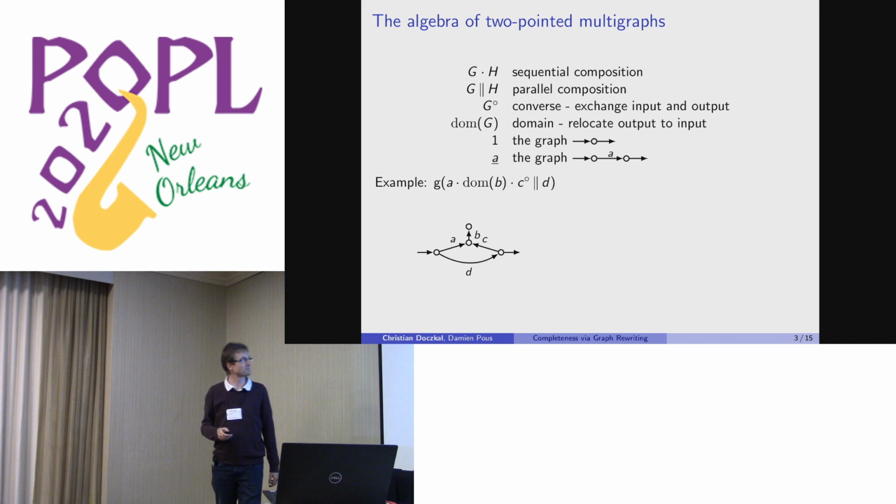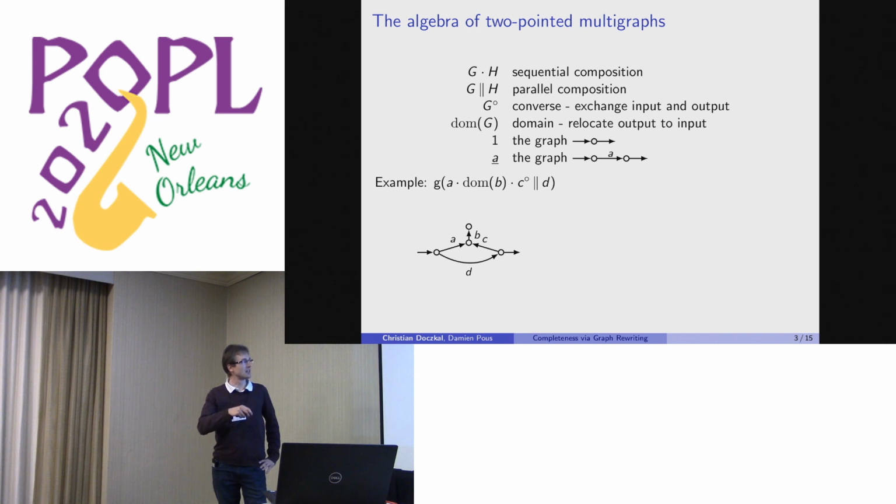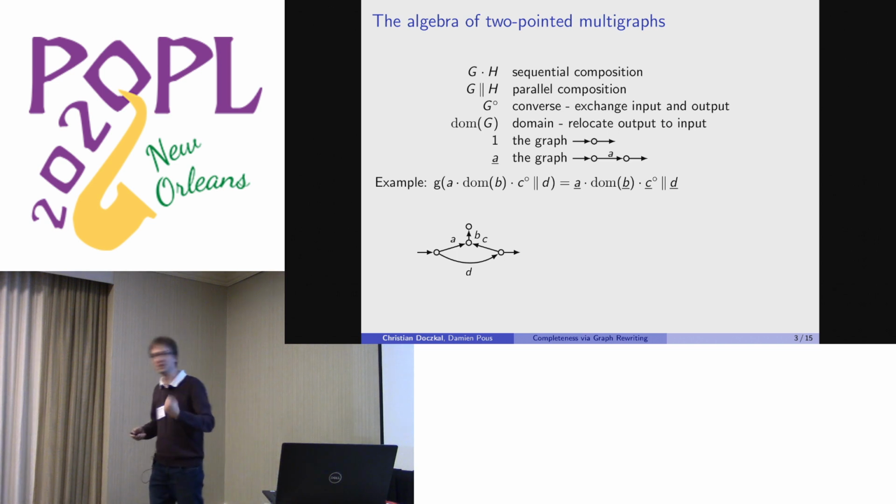As an example of how this interpretation of terms as graphs works, I want to show you how to construct this graph as the graph of a term, namely this term over here. The first thing you do is replace all the term operations by graph operations and the letters by atomic graphs, where an atomic graph is just a graph that has two vertices and an edge labeled with that letter.